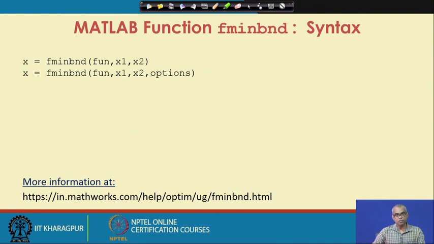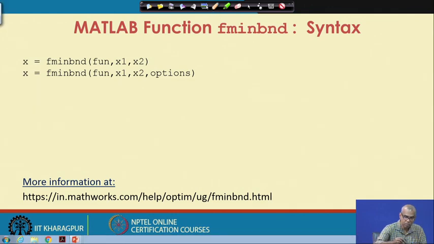So, this is the syntax for fminbnd. x equal to fminbnd, and the arguments are fun, x1, x2. So, fun is the name of the function where you define the objective function, and x1, x2 are the lower bound and upper bound on the decision variable.